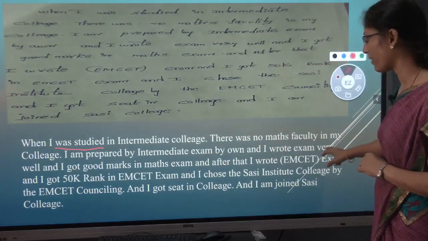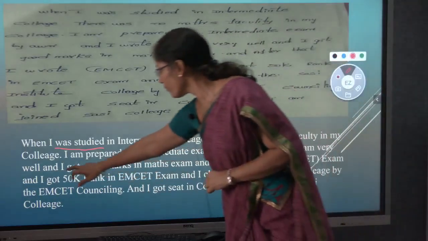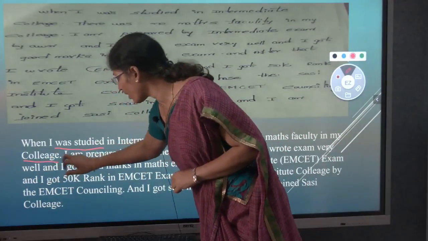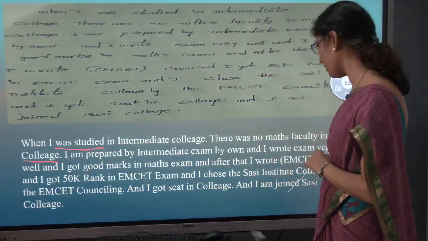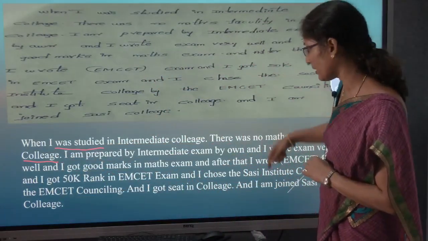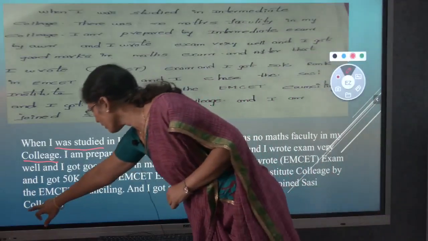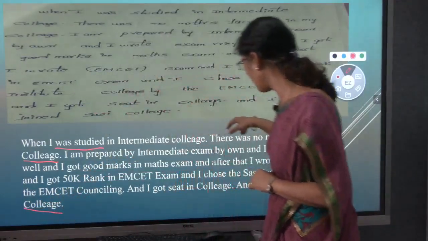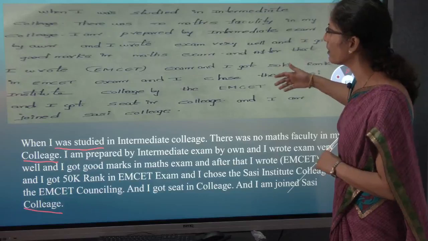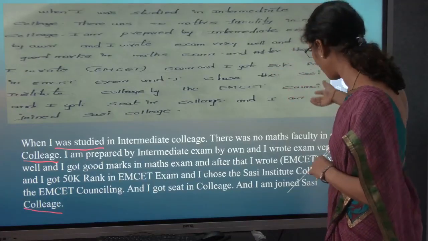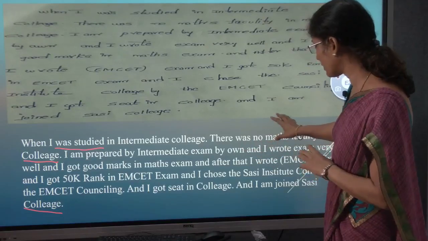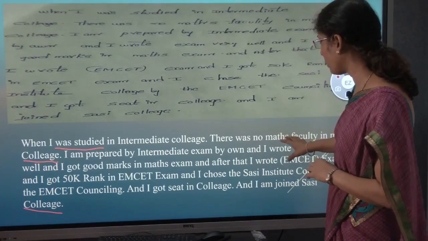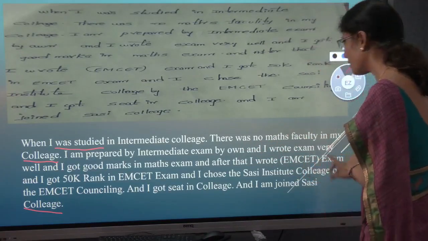"There was no maths faculty in my college." If you see the spelling of college, he repeated the same mistake twice or thrice in his write-up. This is a piece from his writing. Of course, two more paragraphs are there, but I didn't include them, because you can understand what he wants to tell in this one.